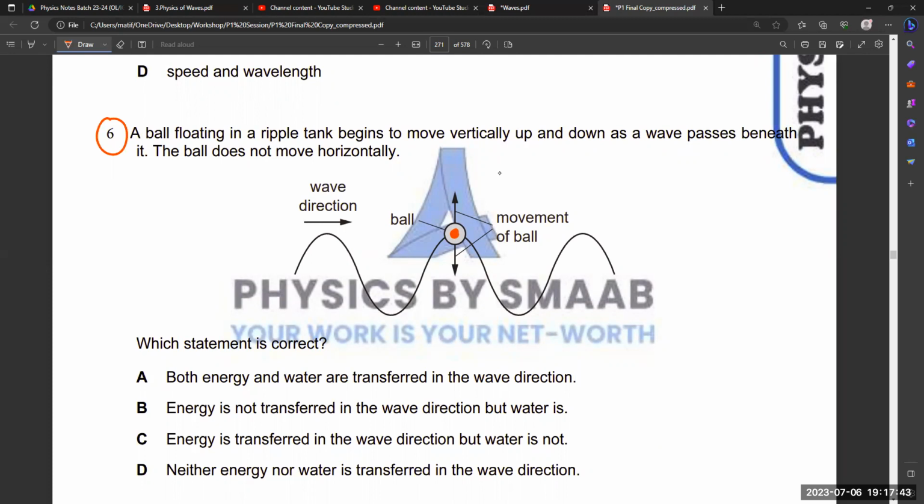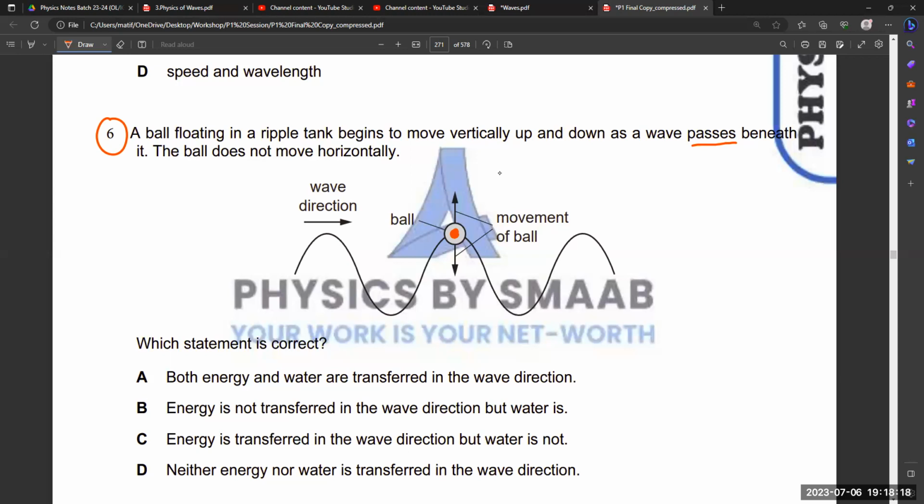A ripple tank means a tank containing water. The ball begins to move vertically up and down, because we discussed that a particle will always vibrate in an up and down position. As a wave passes beneath it, the ball does not move horizontally. Which statement is correct? Basically, you first need to read the answers, then you will get the right one, because the statements are different. Both energy and water are transferred in the wave direction.